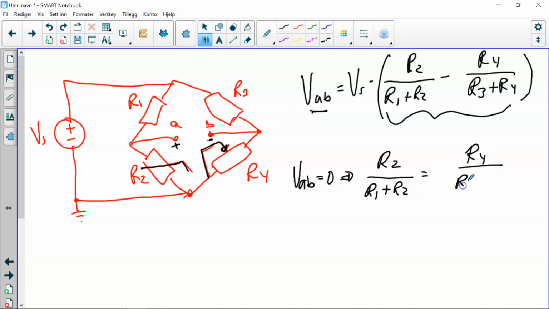Or VAB equals 0 means, as long as I still have a supply voltage, that R2 over R1 plus R2 equals R4 over R3 plus R4. Now let's work on these two fractions here. On the first one, I divide every element by R2, and on the second one, I divide every element by R4 and see what I end up with.